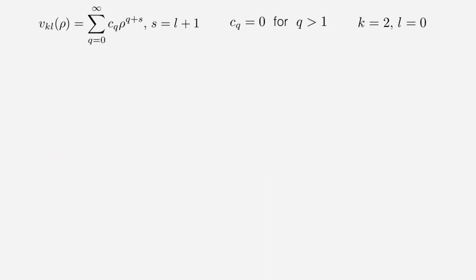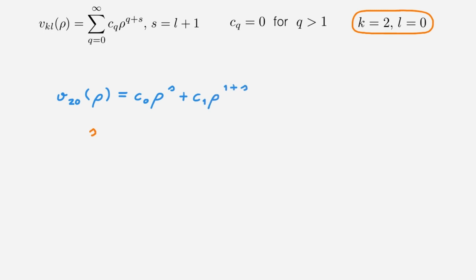The next step is to build V. Remembering that we're working with this combination of k and L, we have V20. We've just established that we have two terms in the power series, one corresponding to q equals 0 and one corresponding to q equals 1. As s is equal to L plus 1 and L is 0, we can conclude that s equals 1.